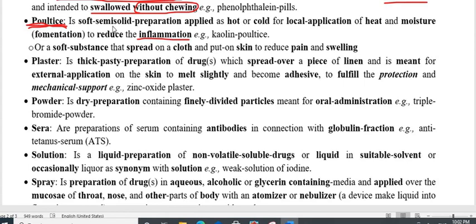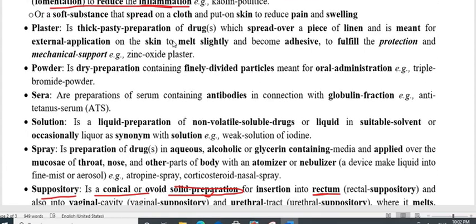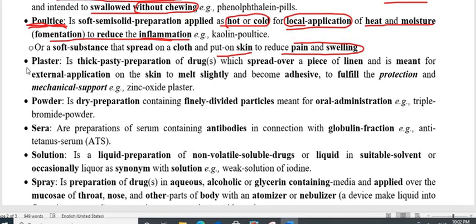So it is a soft semi-solid preparation applied hot as well as cold, and it has to be applied locally, particularly over the skin, with heat and moisture as a fomentation to reduce inflammation. That is put over the skin to relieve pain and swelling and is called poultice. Now we have to go through more terminology.